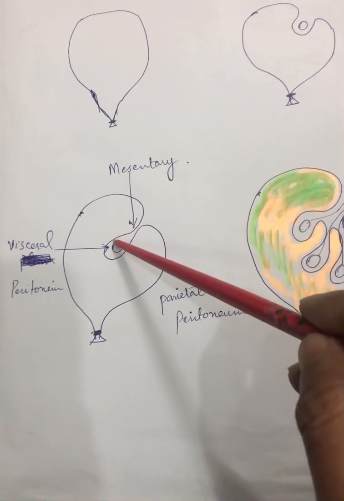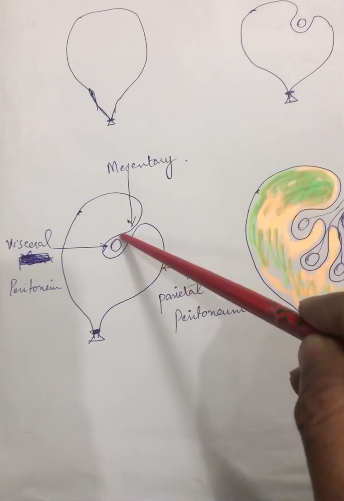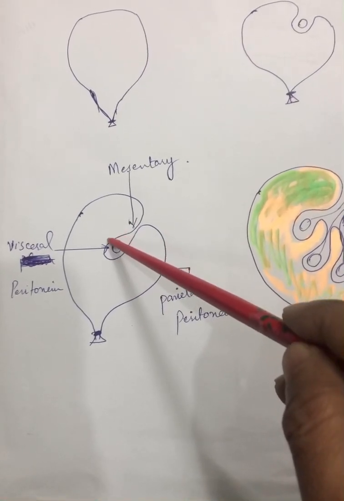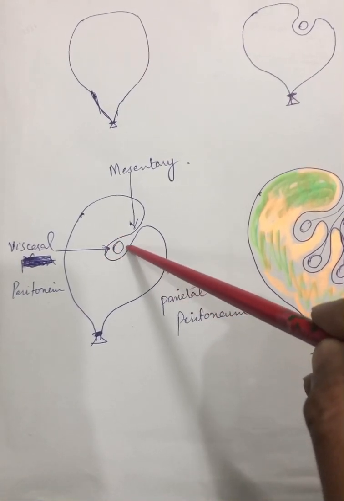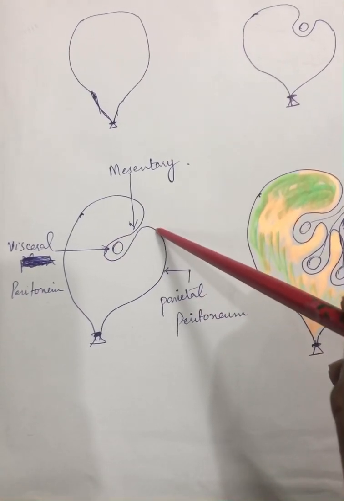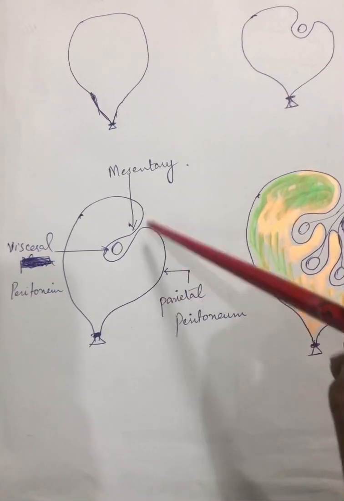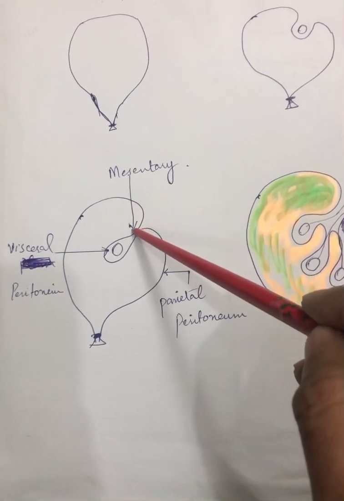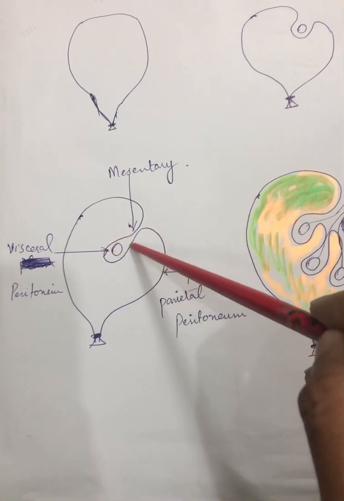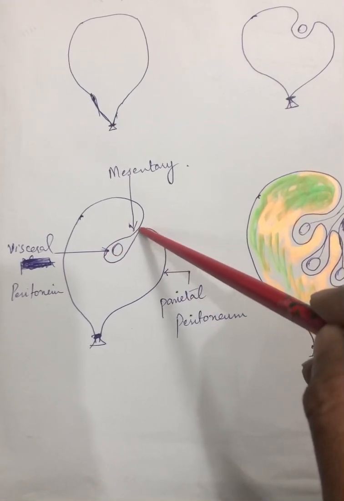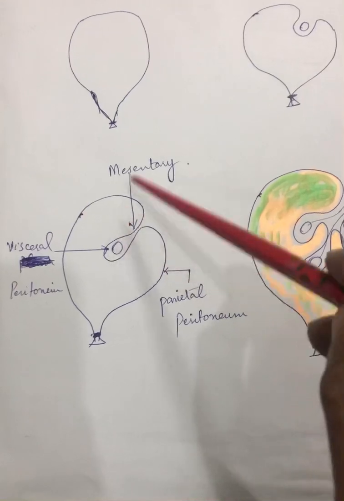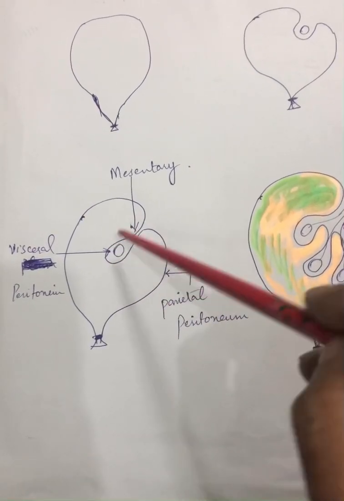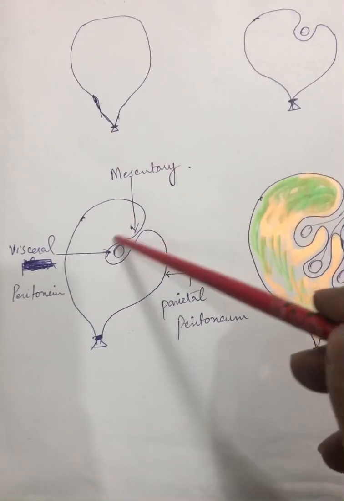So as a result, this is our viscera, and the layer which is immediately surrounding the viscera is visceral peritoneum, and the peritoneum far away is parietal peritoneum, and this double layered peritoneal fold which has formed here is called mesentery. So this was a basic concept of peritoneum in its most simple form.